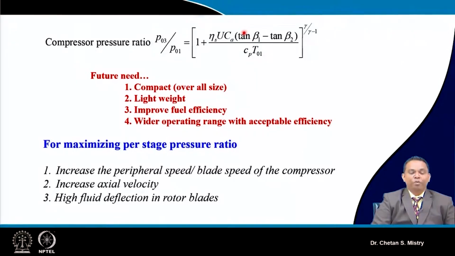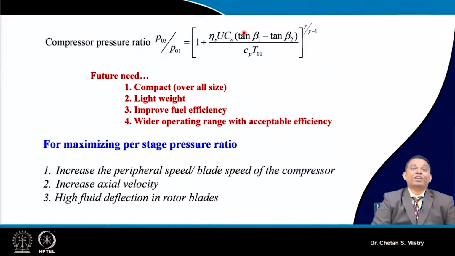Now when we talk about all this as expectation, what we are looking for is a large per stage pressure rise. When we have a higher per stage pressure rise, we are able to reduce the number of stages. That means we are able to achieve compactness.